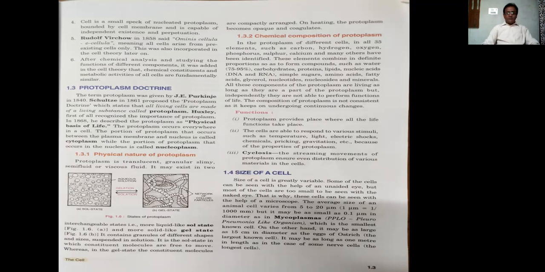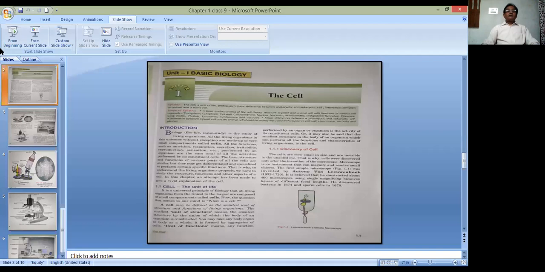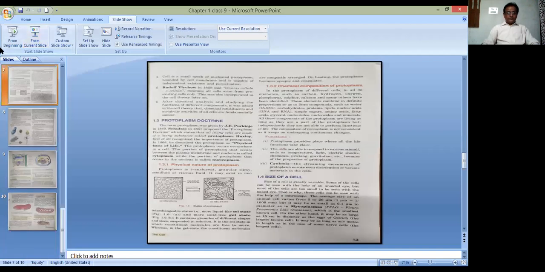Schleiden, Schwann, and Rudolf Virchow proposed the cell theory. The cell theory developed by these scientists is a very important one.